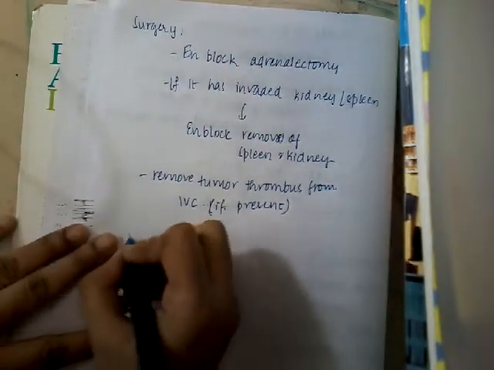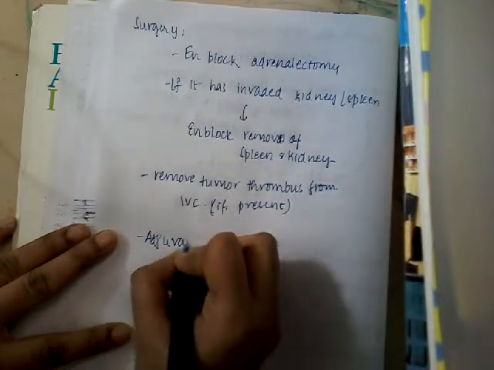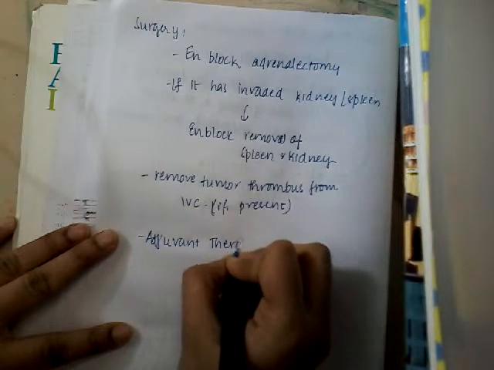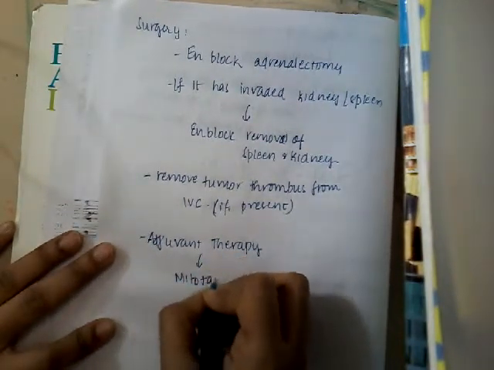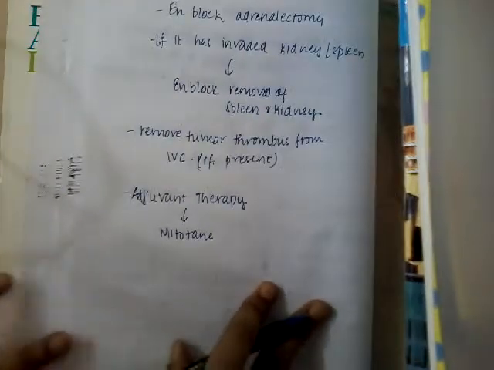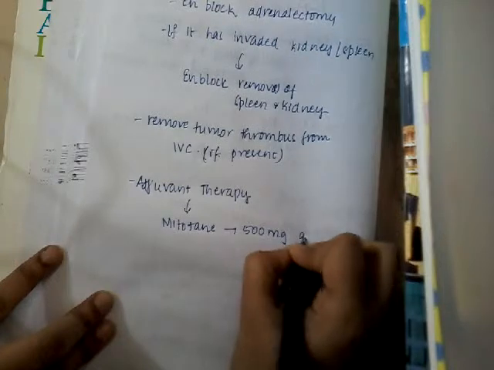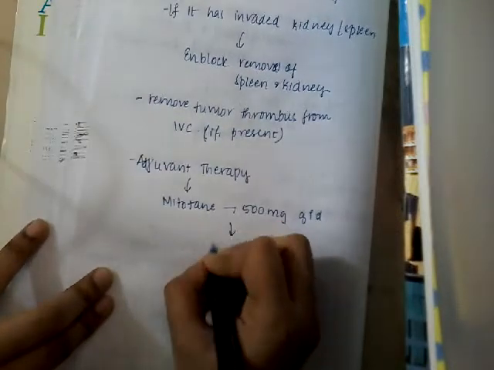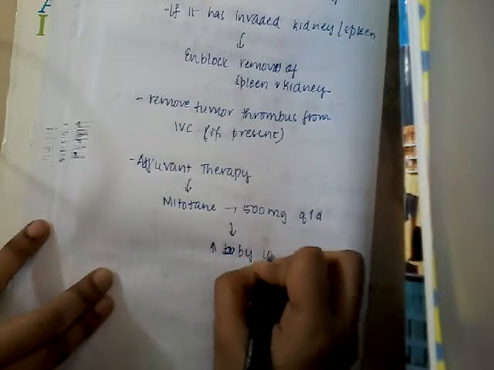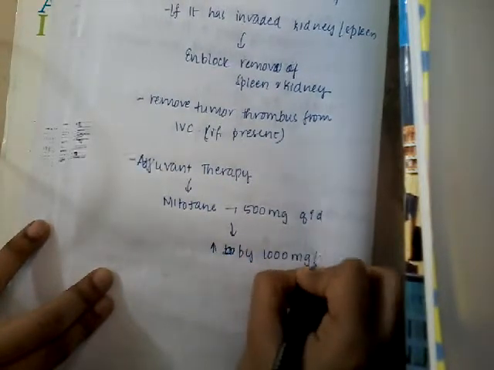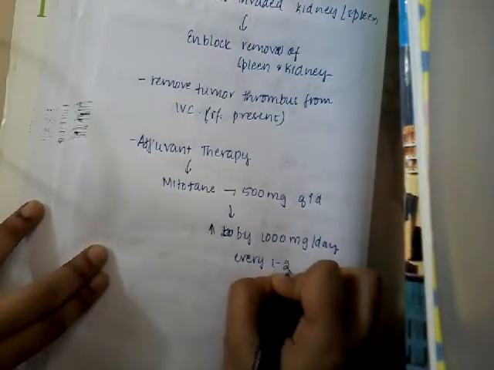Then you can give adjuvant therapy with mitotane. Adjuvant therapy should be given with mitotane. This mitotane is started at 500 milligrams QID and the dose is increased by 1000 milligrams per day every 1 to 2 weeks.